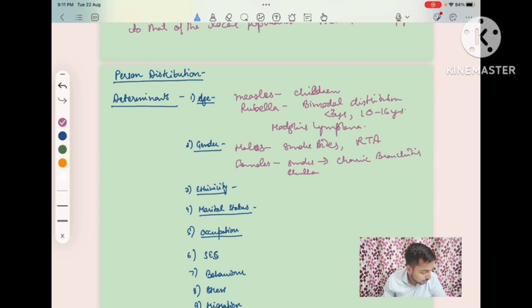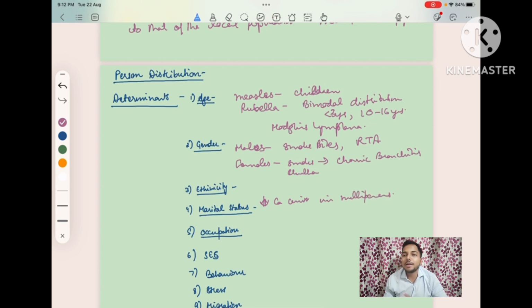Then differences also come with ethnicity, like which place you belong to. Certain diseases are common to certain ethnicities, and certain ethnicities do not get a particular disease. Then marital status: there is increased incidence of CA cervix. CA cervix chances are less in nulliparous women.